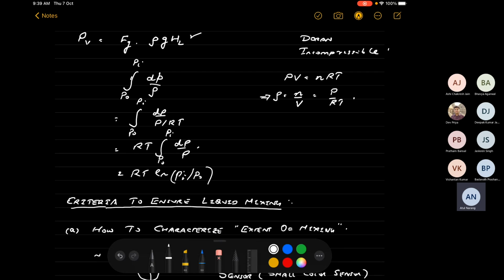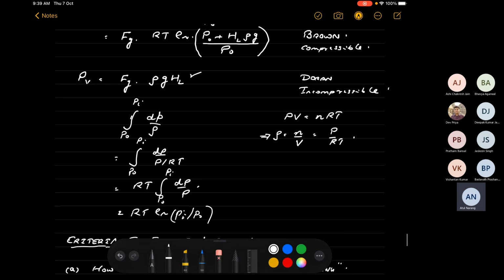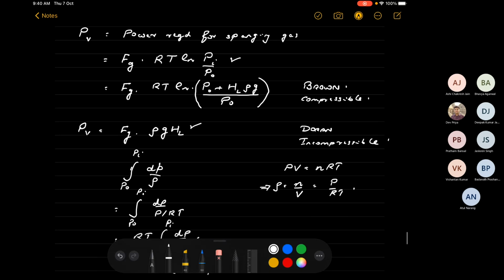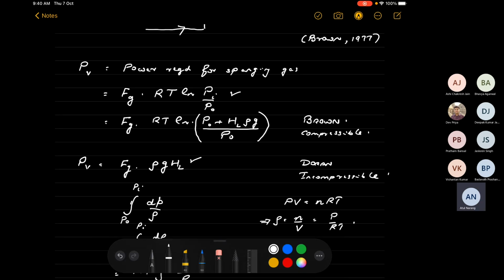I hope that that is the only difference between the two. But I'll check on this once more to make sure that I'm right. I certainly know that this is the correct formula in several papers, and Doran's formula I have not seen in any paper. So my sense is that they are the same, but for the difference that I have just pointed out. But I will check and let you know.